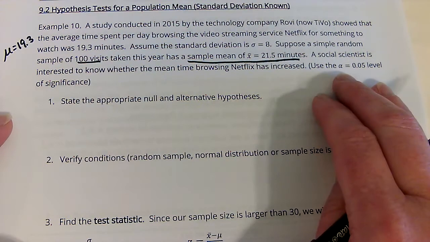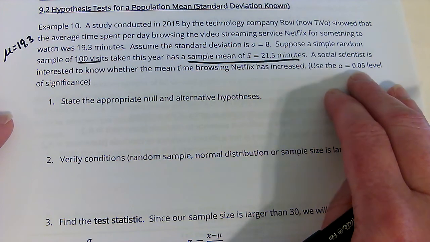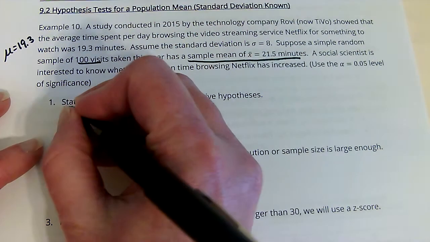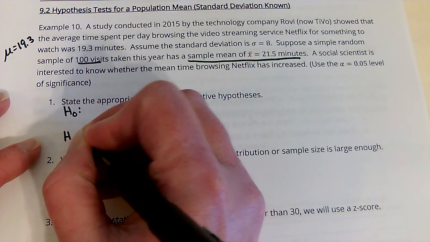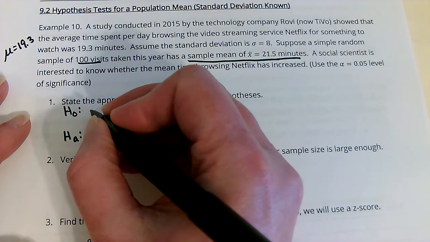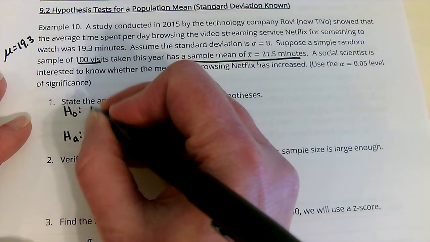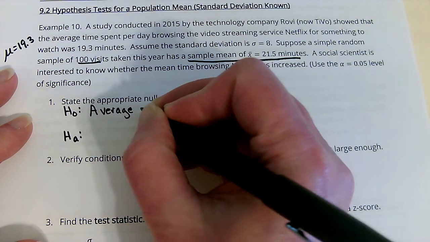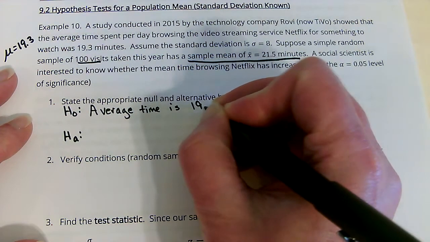Now, a social scientist is interested to know whether the mean time browsing Netflix has increased. And we're going to use the level of significance, alpha, at 0.05. So we're going to state the null hypothesis and the alternative, and we're going to do it in letters and words and numerically. So the null hypothesis is that nothing has changed, that the average time is still 19.3.